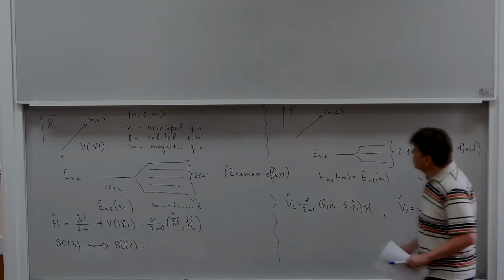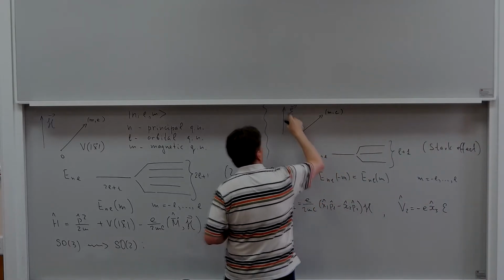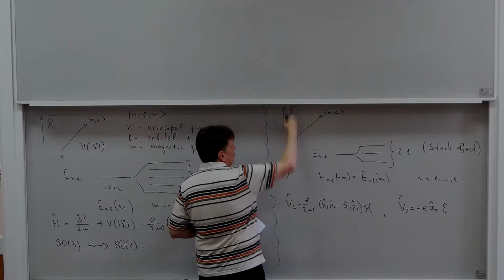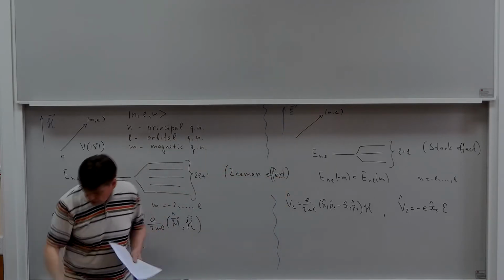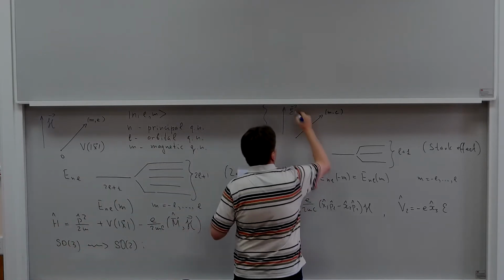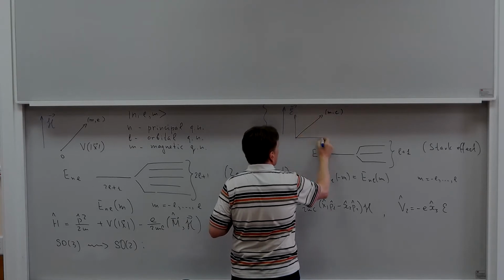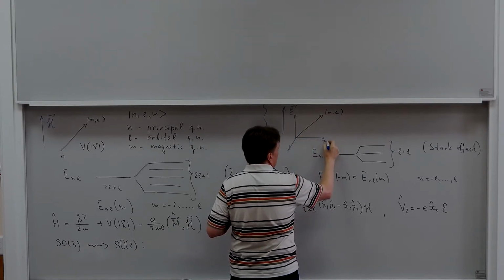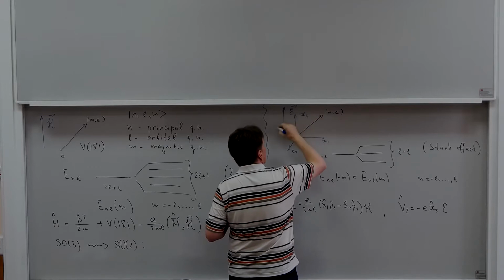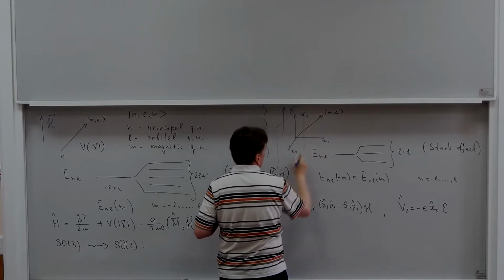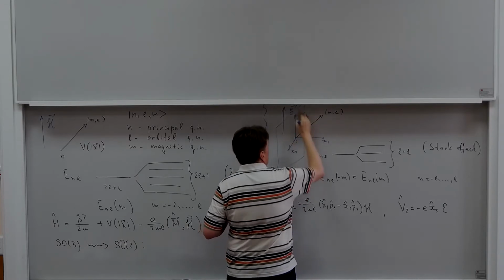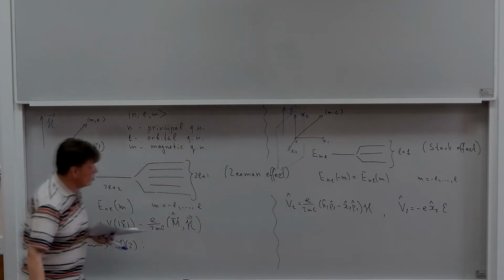I mean reflections with respect to any plane passing through the vector E. So let me draw this coordinate axis x1, x2, and x3, and let's consider a plane passing through the axis x3, the z axis.